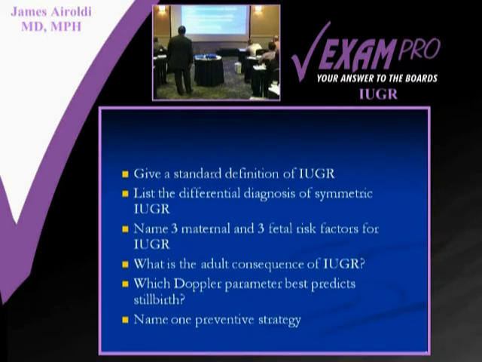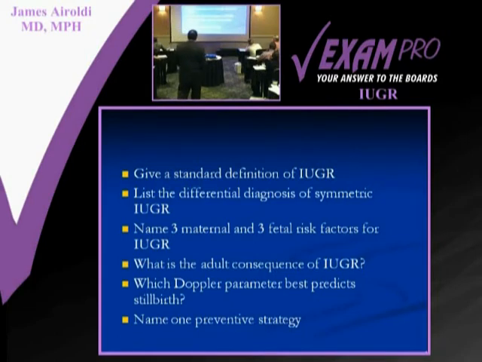What is the adult consequence of IUGR? Metabolic syndrome is a good answer. Just think of hypertension, diabetes, obesity. Which Doppler parameter best predicts stillbirth? Venous Doppler: umbilical vein or the ductus venosus.